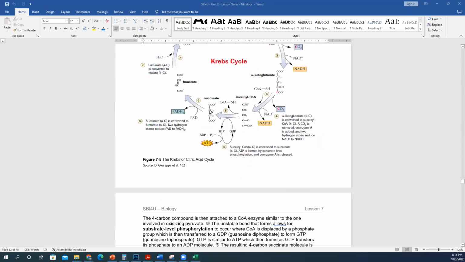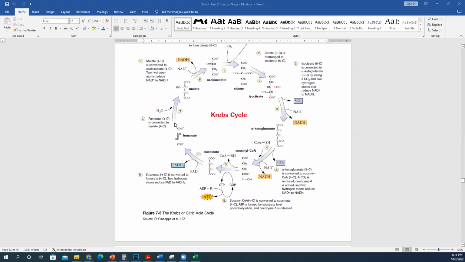So then this succinate, which has 4 carbons now at this point because it has lost 2 carbons along the way as CO2 in these 2 steps, becomes converted to a molecule called fumarate. And during this process, 2 of its hydrogen atoms are used to reduce the molecule of FAD to FADH2.